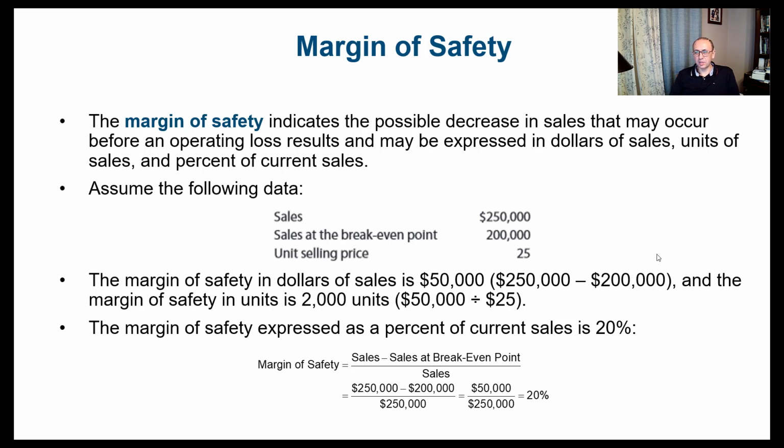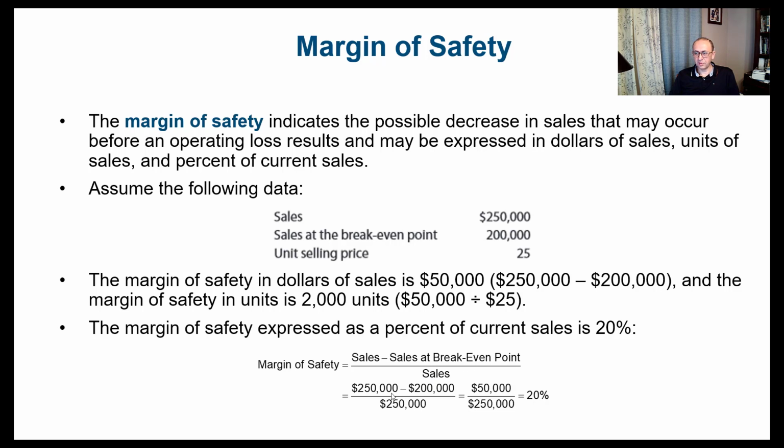So assume the following data. We have a company that makes sales of 250,000. Their sales at the break-even point is 200,000. The unit selling price is $25. So the margin of safety in dollars of sales would be calculated as follows. We have the sales minus the sales at break-even point, divided by the sales.